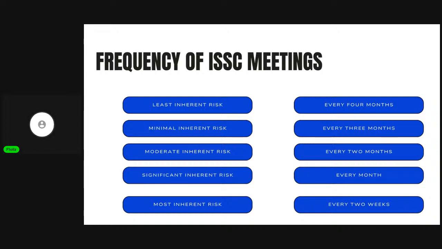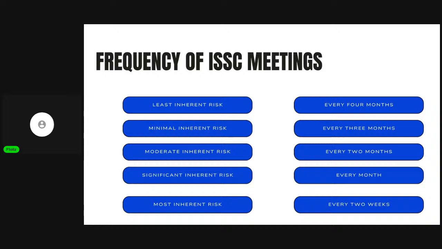You have so much to solve in terms of cyber threat, and you have also to make sure that management adopt your recommendations in terms of technology acquisition, training, and capacity building. So you have to meet often. Then, for the most inherent risk institutions, most likely you have to meet every 2 weeks.